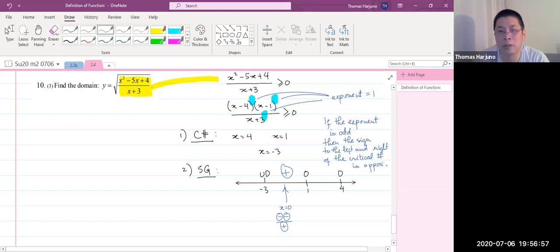If the exponent is even, then the sign is the same, to the left and to the right.